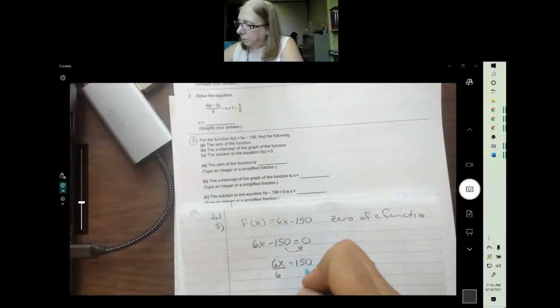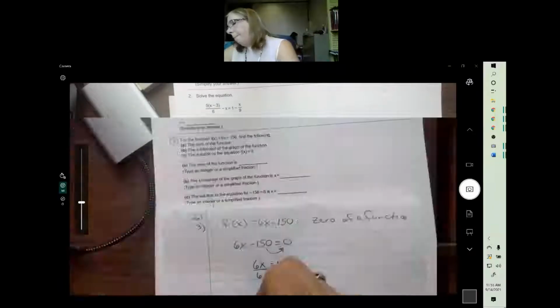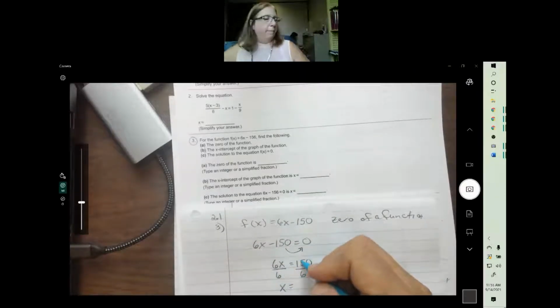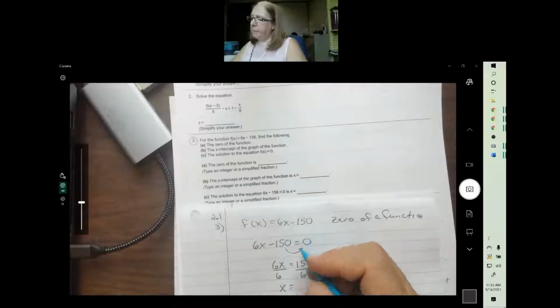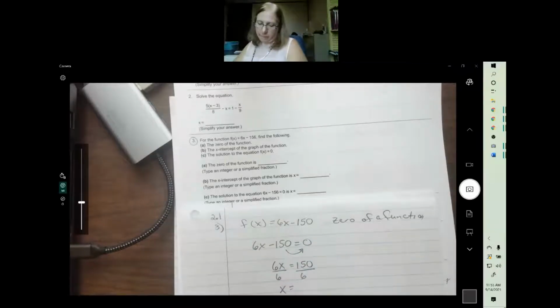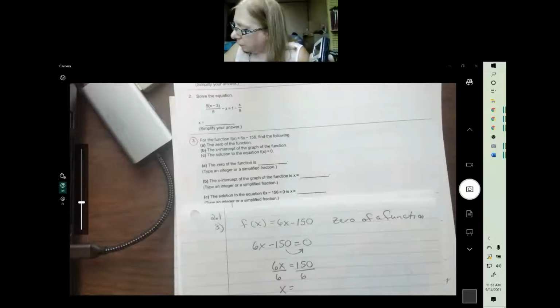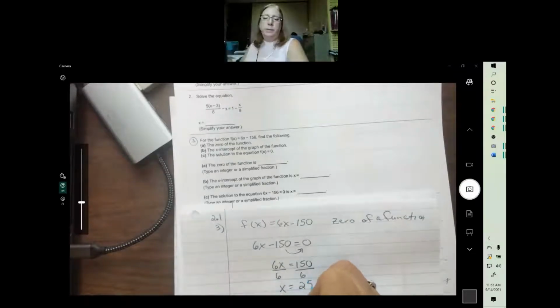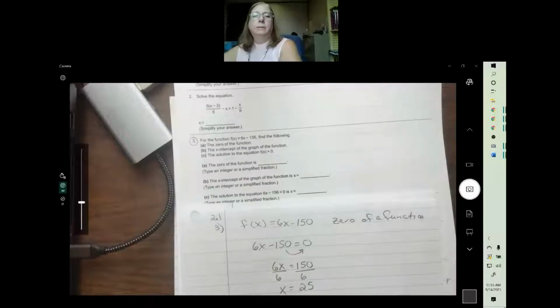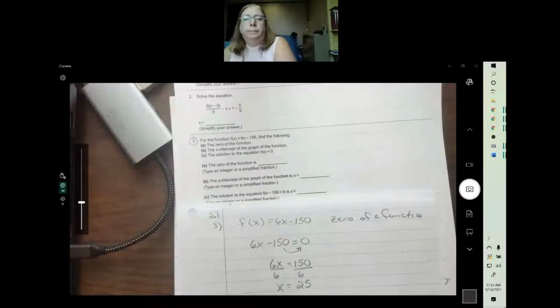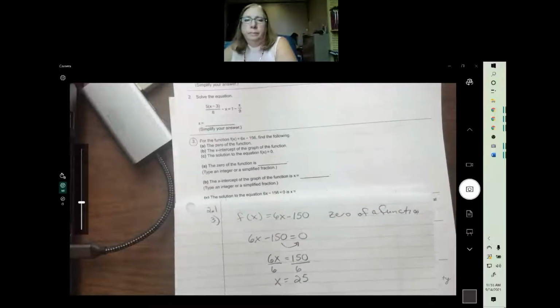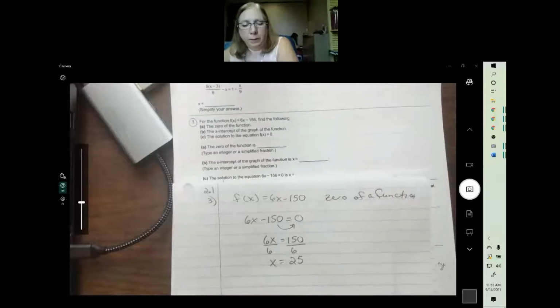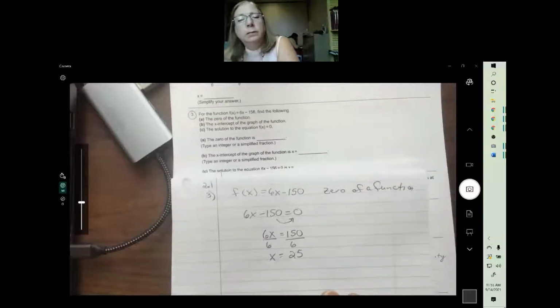Divide by 6. 25. So the 0 of the function is 25. Any questions on that?